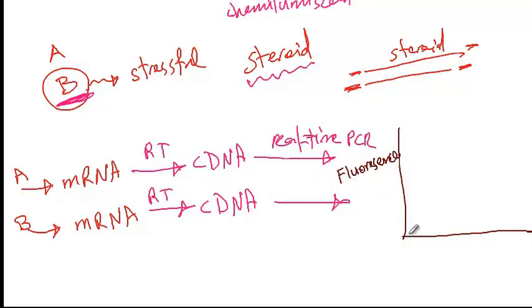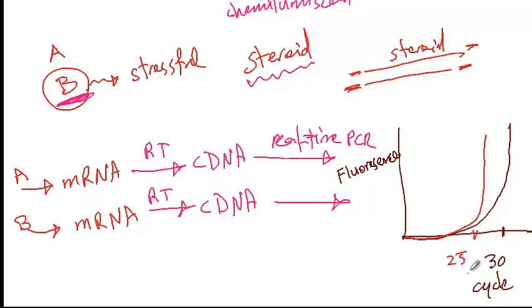It tells us that for sample A, for instance, it took 30 cycles to reach its peak, versus sample B, which only took 25 cycles for the fluorescein to reach its peak.